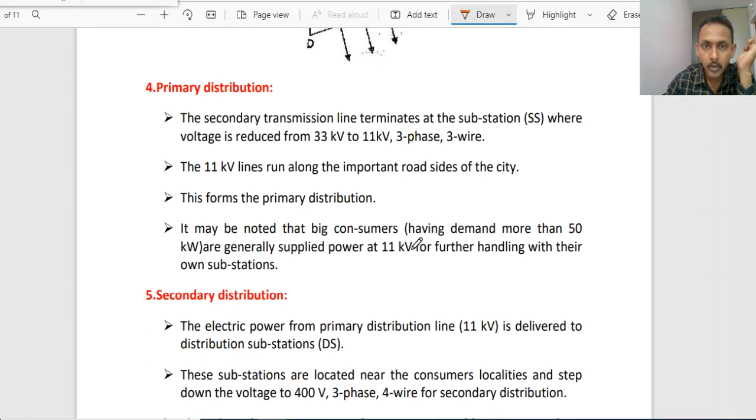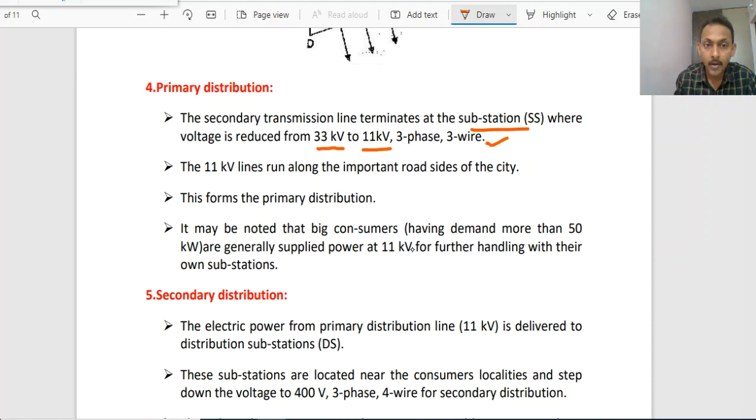With respect to the primary distribution, the secondary transmission terminates at the substation, where the voltage will be reduced as we discussed earlier. So 33 kV will be stepped down to 11 kV, and this also is a 3-phase 3-wire mode.